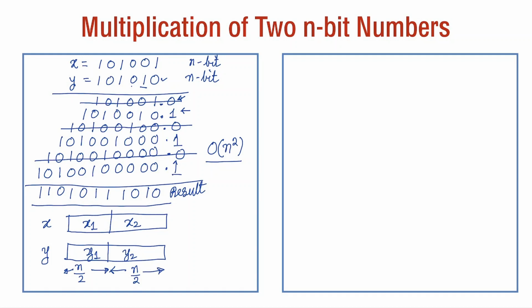So now, what is the basic traditional way in which we can do the multiplication? If we try a recursive method, then the equation for multiplication by the recursive method will be 2 to the power n by 2. As we have broken it up here, we can see that x can now be written like this.